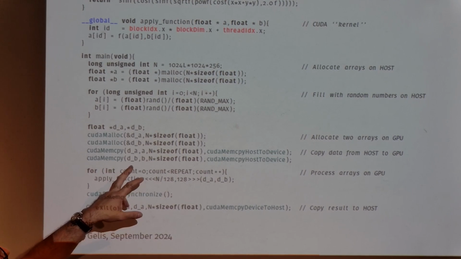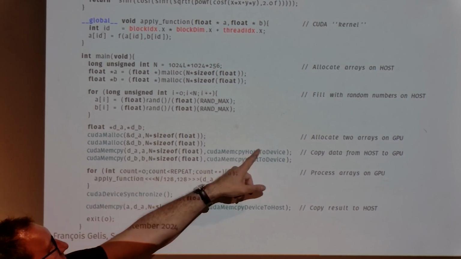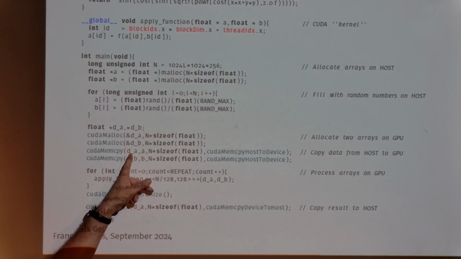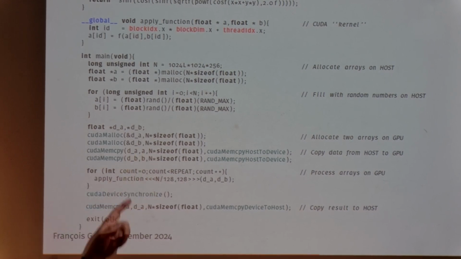And it's a mistake to have host to device and this be a device pointer and that a host pointer. So if you mess up with the order of the pointers, probably the compiler will complain, otherwise it will crash. I'm not sure exactly.